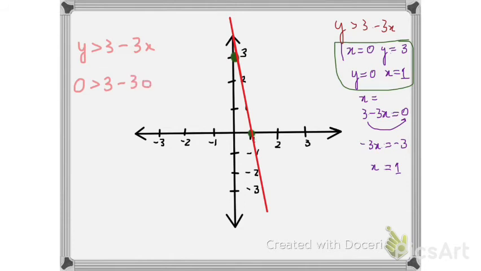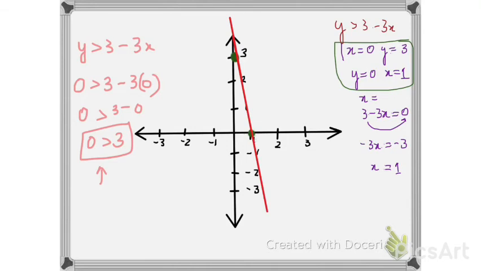When we simplify it, we get 0 greater than 3. Now we need to identify whether this is true or false. Our whole answer depends on whether this is true or false, and you need to remember it based on a number line.